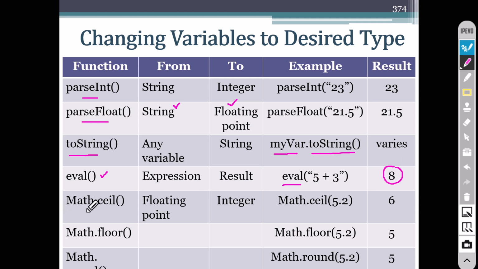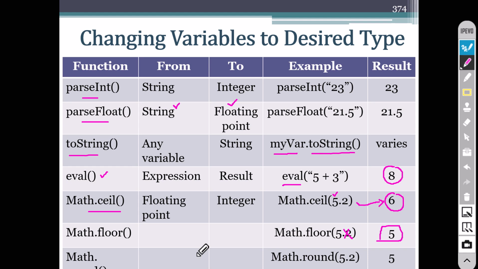And then we have math.ceil, which gives you the upper value. 5.1, 5.2, whatever it is, it gives you the upper value, which is 6. And math.floor gives you the rounded-down value. It knocks off the decimal and gives you 5. Math.round of 5.2 rounds to 5.